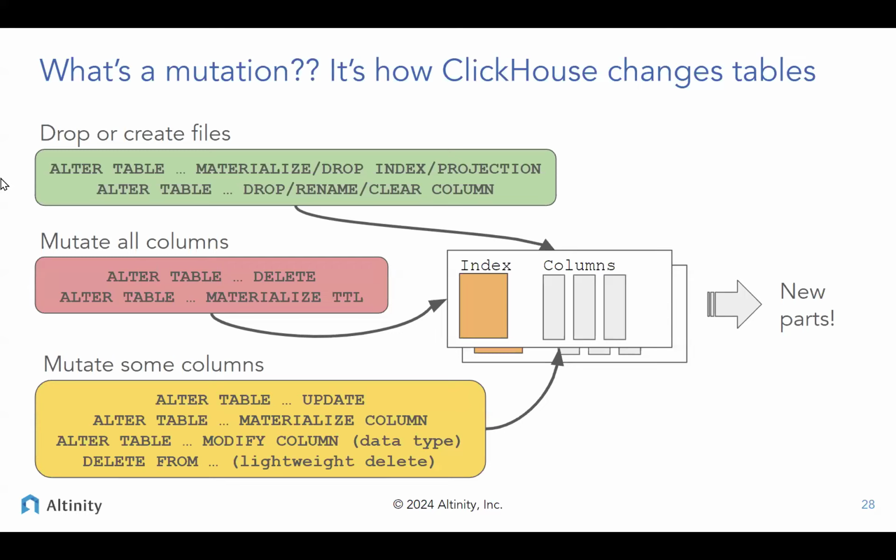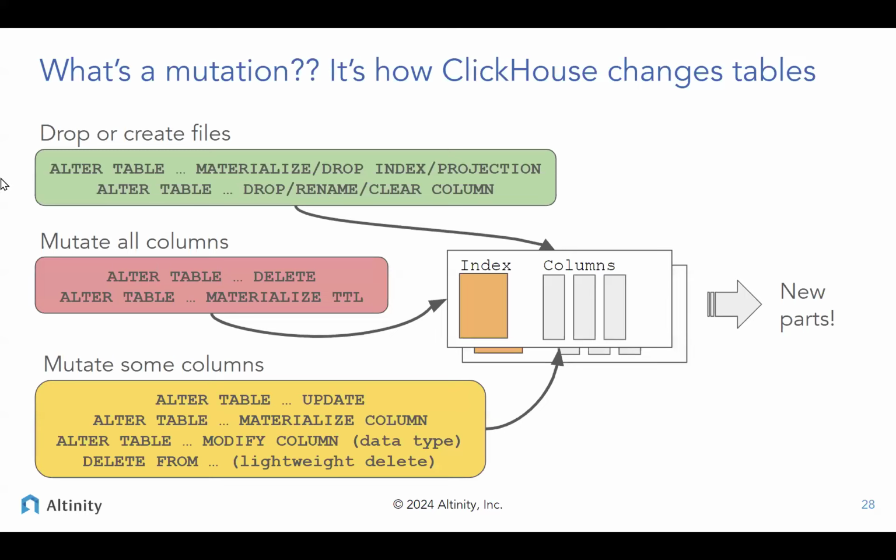A very common and probably the most heavyweight example of a mutation is alter table delete, where you're actually removing rows. This is heavyweight because we actually have to rewrite every part where we're removing rows. The part has to be completely written and replaced. Or you could be adding or dropping a projection.